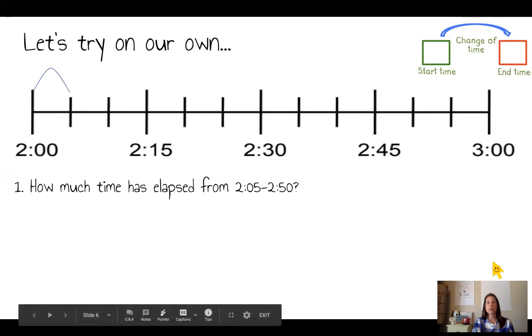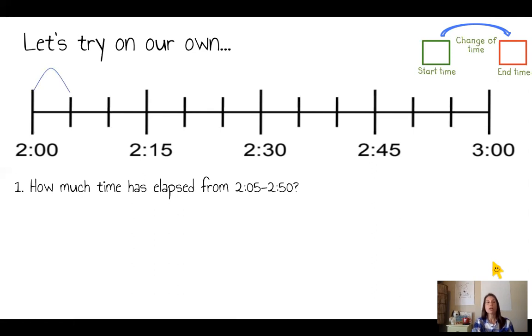First thing we need to do though, is we need to figure out how much time is partitioned in our number line. Okay, so let's see. If that's 2 o'clock and that's 2:15, every jump that I do is going to be 5 minutes. So I know that my number line is partitioned by 5 minutes.